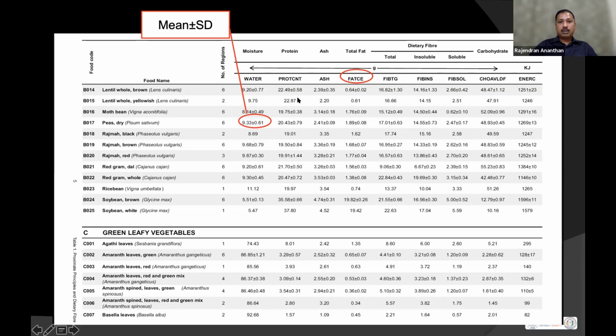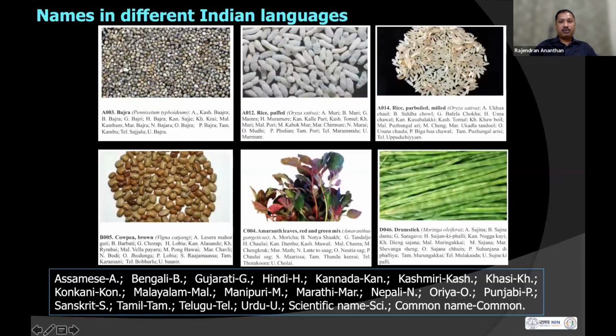And this is, as I said, the food tag name, which is just to identify the table. We have also given all the names, not different language names, whatever is there in our Indian languages. Basically, we have given importance to those languages.